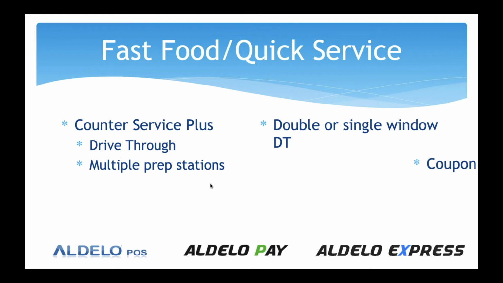Double or single window. A lot of the Wendy's types are single window drive-through. Most everybody else has gone to double, but you do have the ability to handle both within the same system, and also to close one of those windows in a slow period and just go down to a single window drive-through.